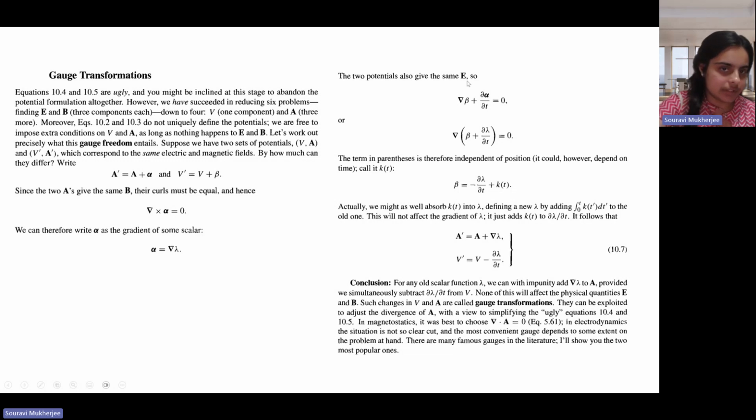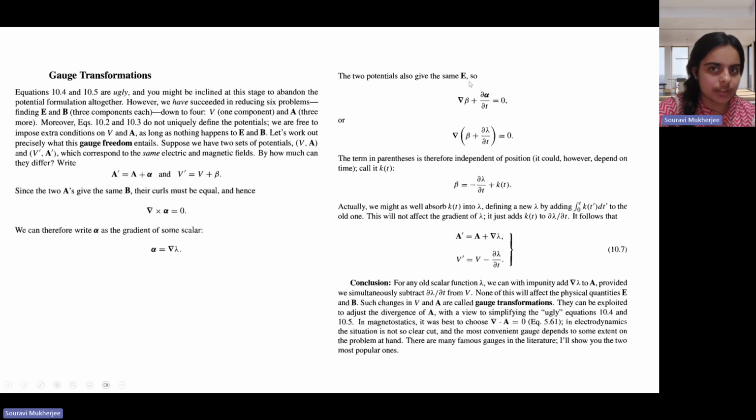Now what happens to your electric field? The electric field should also remain constant, right? We know that in the electrostatic case, the electric field is related to the potential as minus grad V. But if you take into account the time varying changes, then we also have to take into account that the curl of E is equal to minus del B by del T. So in order to have the same electric field, you need the gradient of this scalar quantity beta plus this term here, because when you do a curl of E, you get minus del B by del T, so that means del alpha by del T. When you add this term, it should be equal to 0.